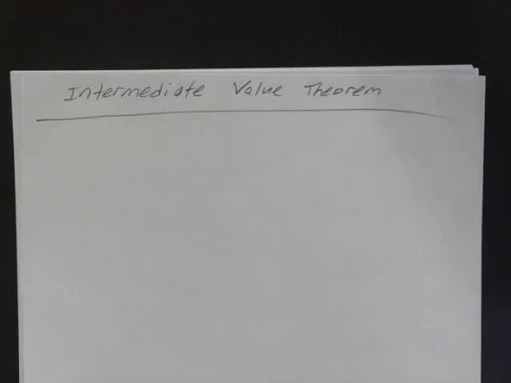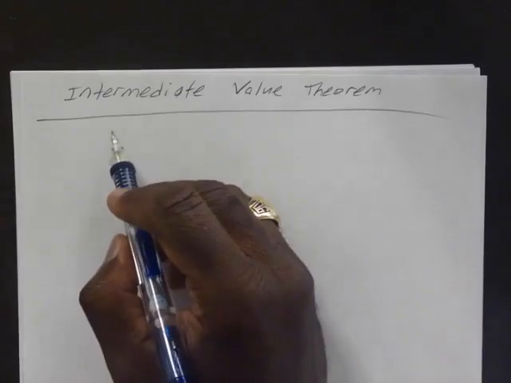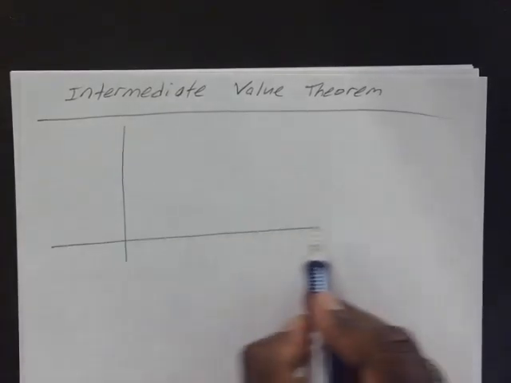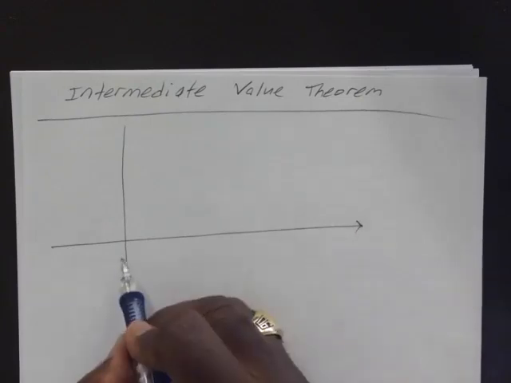Here we go. Add them in the wrong pile. All right. So for the intermediate value theorem, let's look at a graph, your x and y axis.